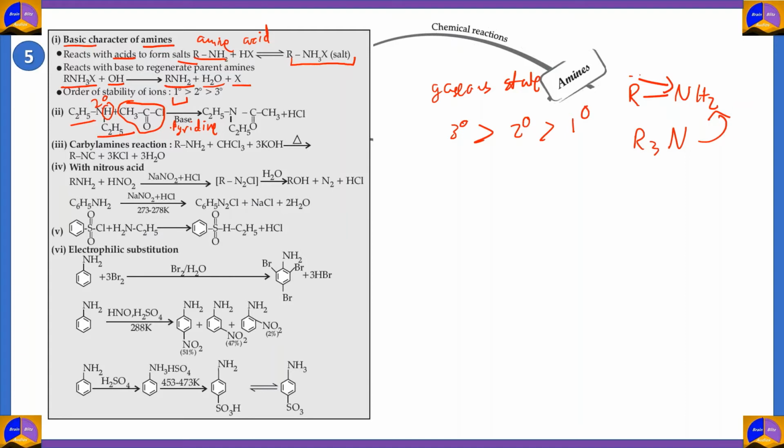We use the base pyridine in this reaction to form N,N-diethyl ethanamide and hydrochloric acid. This compound here is referred to as N,N-diethyl ethanamide.